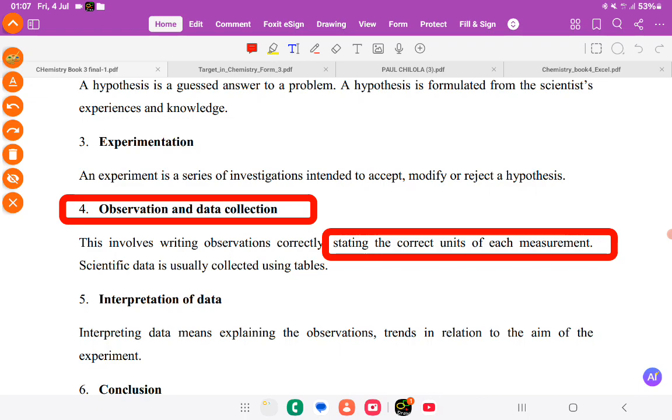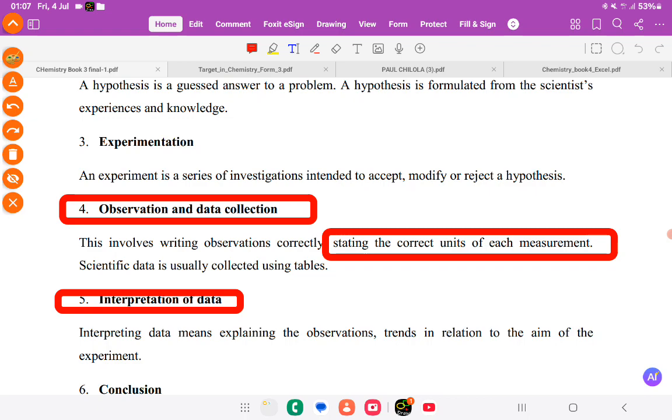All right, so usually scientific data is collected using tables. So you're using tables, you record your data there. That's what you do in this stage. The next stage, you have to make sense out of the data that you have collected. That's called interpretation of data.